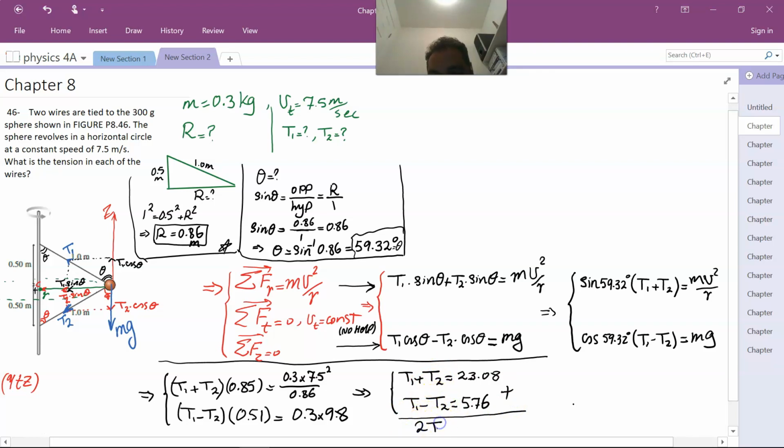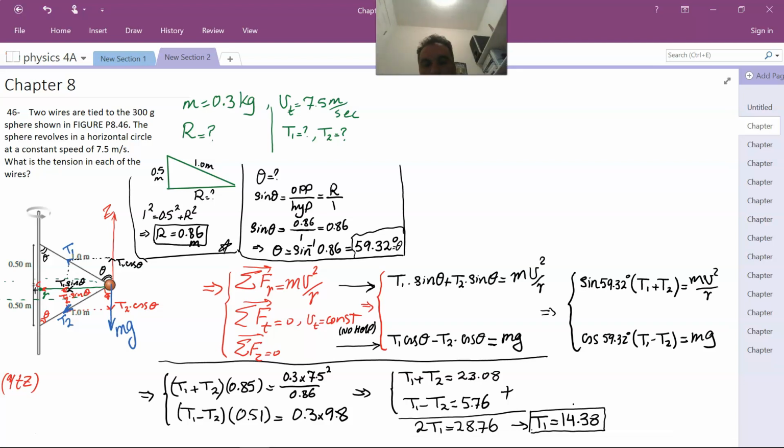So I am going to have 2T1 equal to that plus 23.08, which is 28.76. If I divide by 2, T1 becomes 14.38. When I do calculations, I don't go with 2 decimal points. I go with any number that shows, then I divide it by 2.